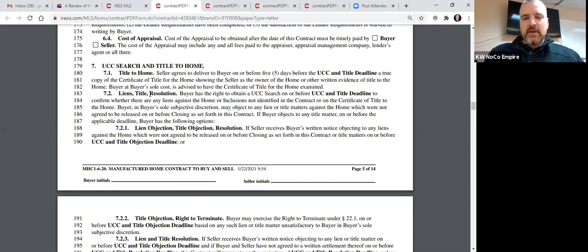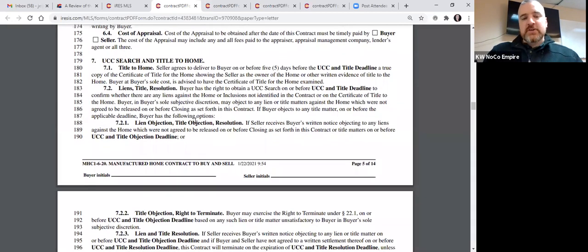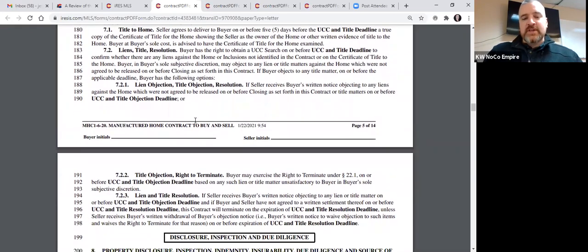Okay. Obviously, if the buyer does object to any of that stuff, if the seller receives the buyer's written notice objecting to that stuff, which we're not already agreed to, then it operates similar to all of our other objection resolution type deadlines, right? If there is an objection, you have to have a written resolution by that UCC or title resolution deadline.